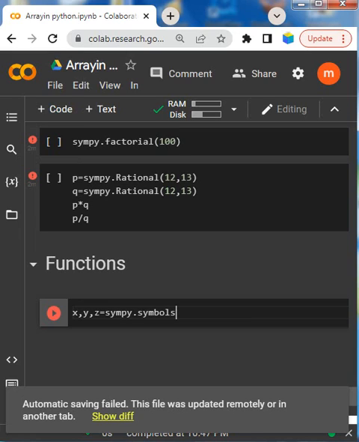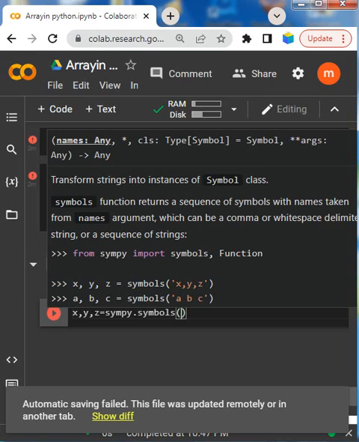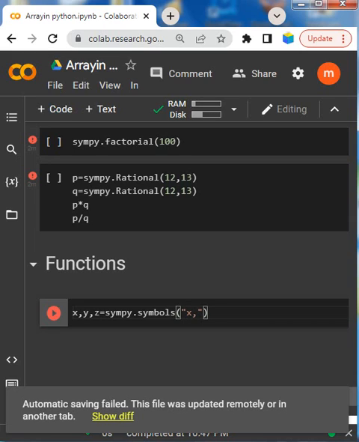If you write a single symbol, you can write capital Symbol, but I am going to write multiple symbols here, so you need to write a small s: symbols. So x, y, z.